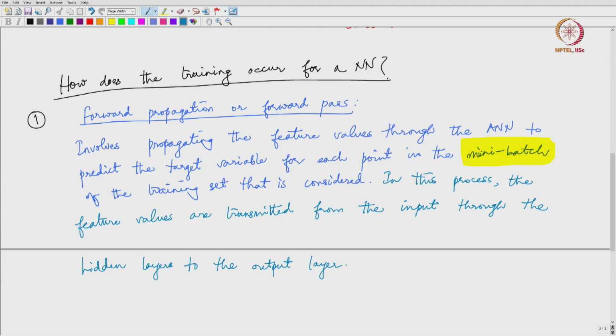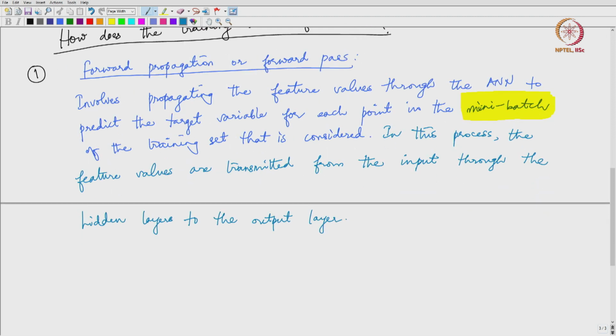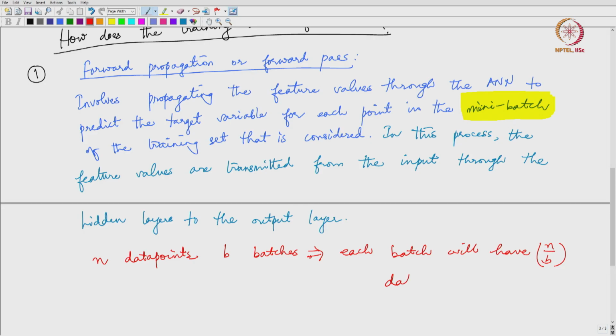Okay. And let us say, as we already considered, that there are n points in the data set. Now you are having a mini batch. Let us say there are b batches. So if there are n data points and b batches, then each batch will have n divided by b data points.